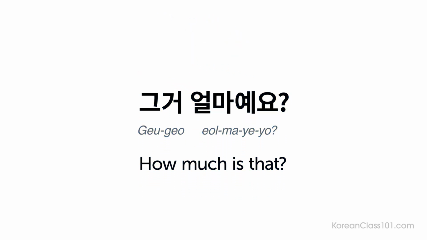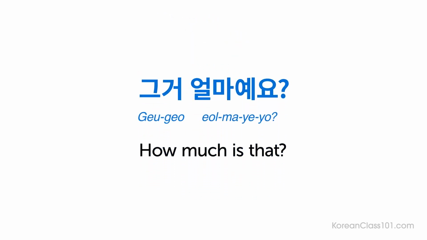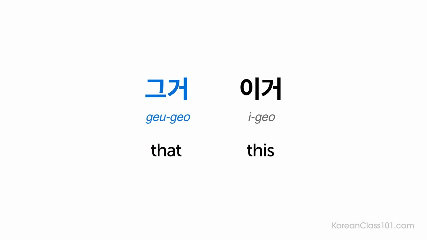How much is that? The pattern is the same, but 그거, that, replaces 이거, this. Note 그거 is used to indicate something close to the listener.